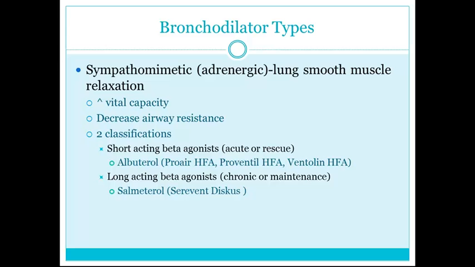We have short-acting beta agonists, which are used for acute, also called rescue inhalers. These are used for acute asthma attacks. An example would be albuterol. Then we also have the long-acting beta-agonists, which are used for chronic or maintenance. An example of this would be salmeterol or the Serevent Diskus.